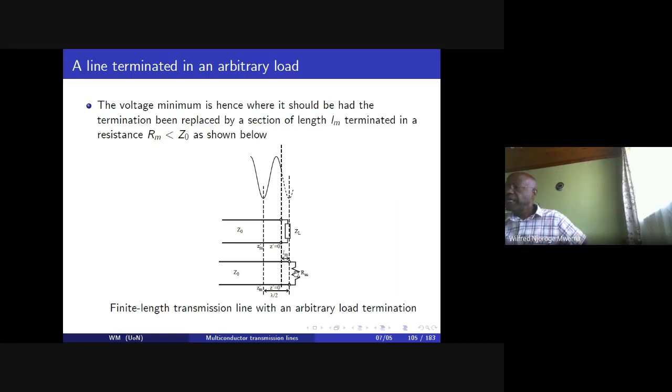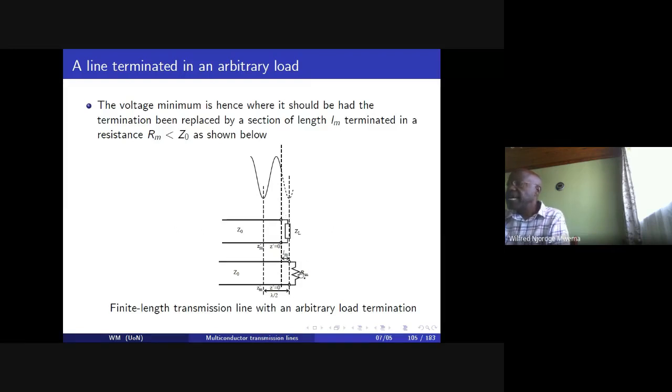Since this minimum occurs at the termination of our resistance Rm, we are using an Rm that is smaller than Z0 so that we get a minimum value for the voltage at that point.